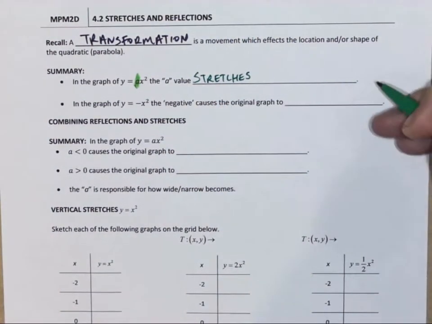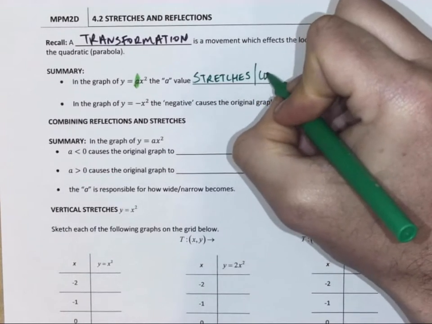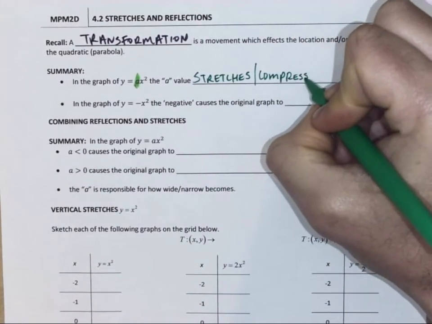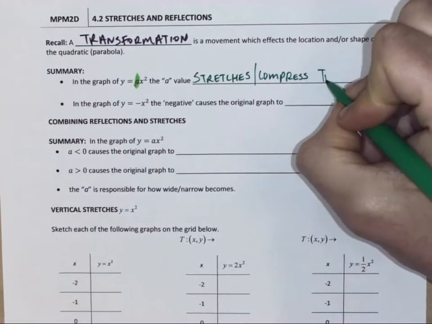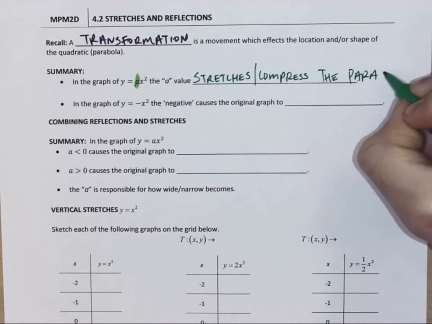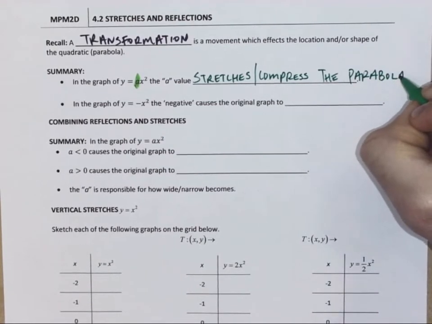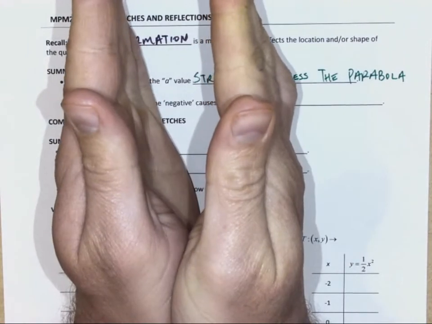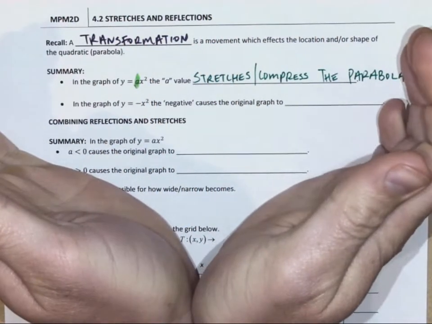or it could compress. So our base parabola could look like it's stretched, look a lot skinnier, or compressed, look a lot wider.